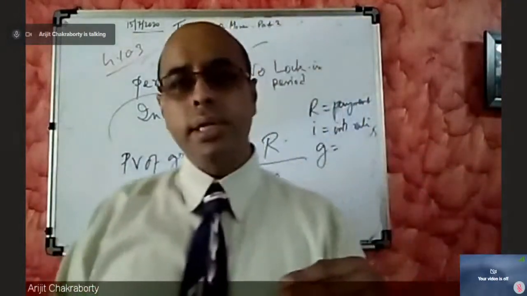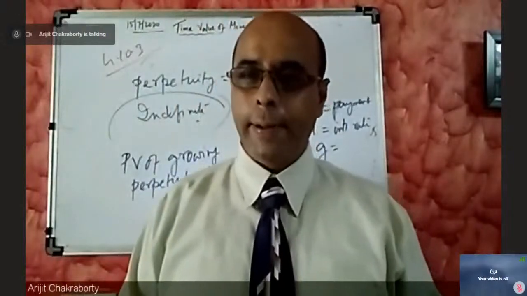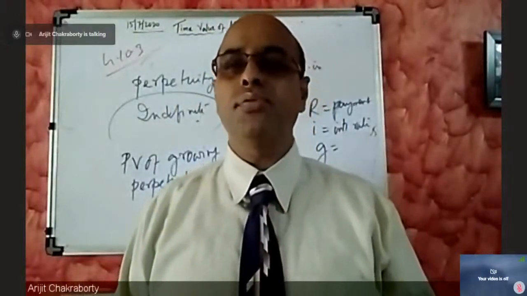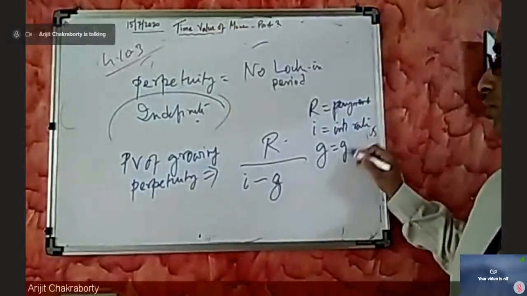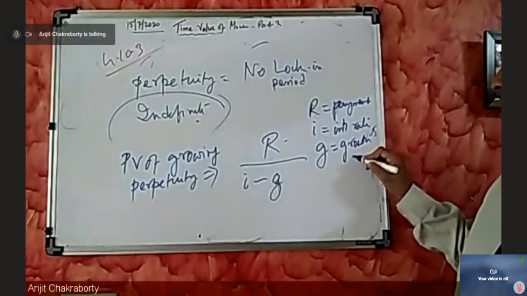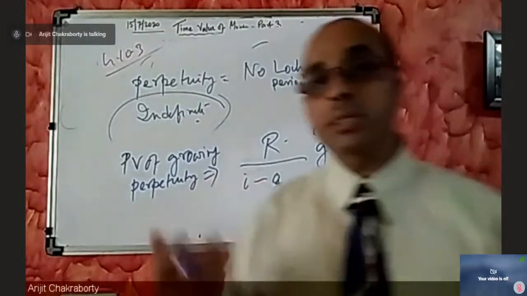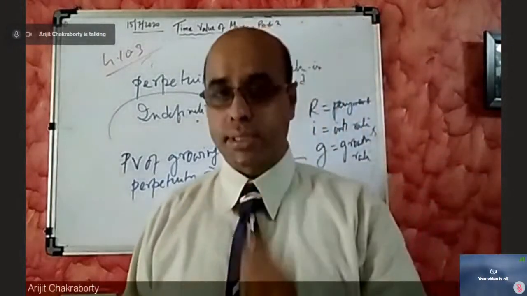So maybe the interest is 6%, but every year there is a growth of 2%. So this 2% growth, G, is the growth rate of the interest.